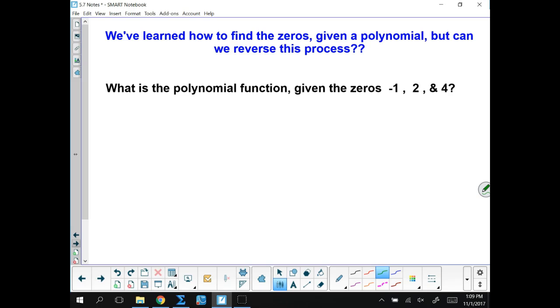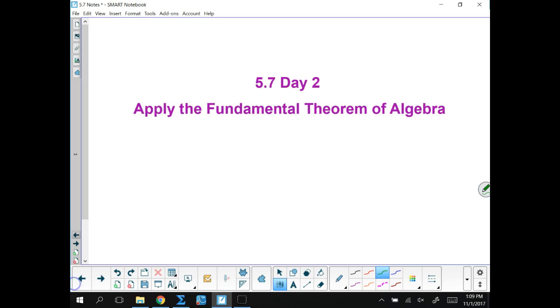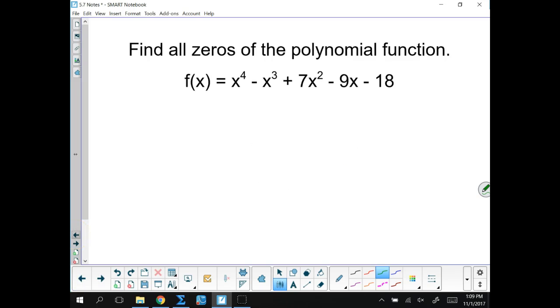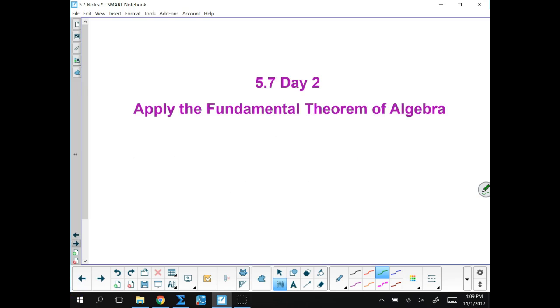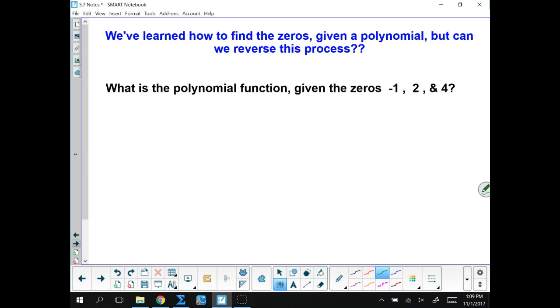So when I give you a 0, in the past, if I back up a couple of slides, I would give you the function and say, find all the zeros. Now I'm giving you all the zeros, and I'm going to have you find the function. So let's work backwards. What does -1 being a 0 really mean?